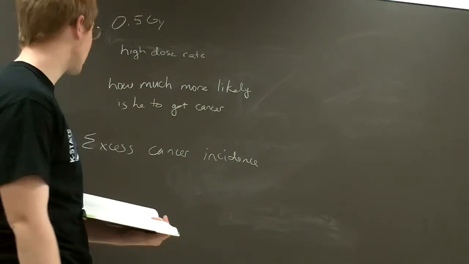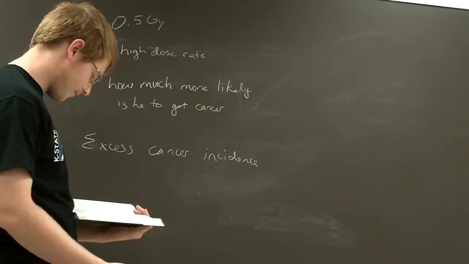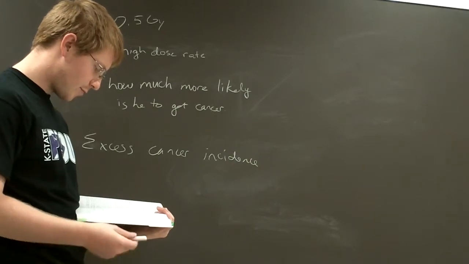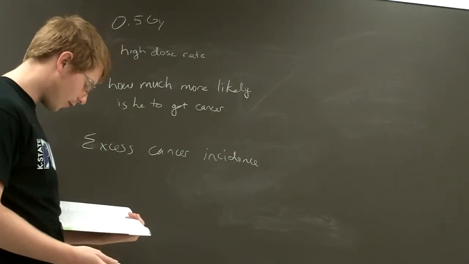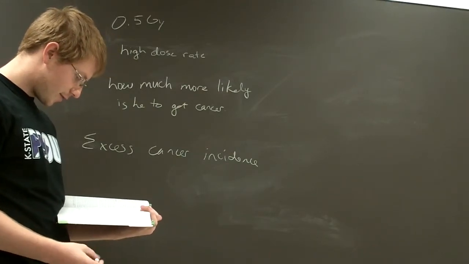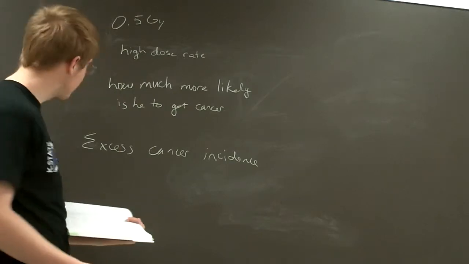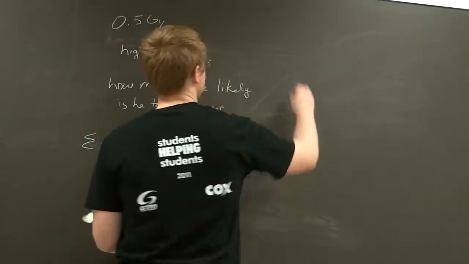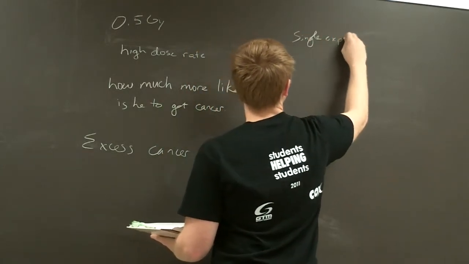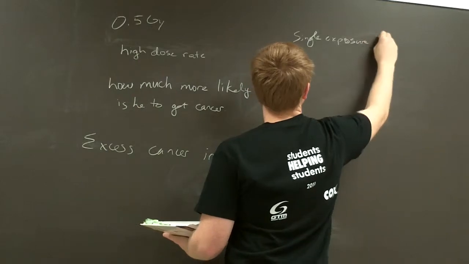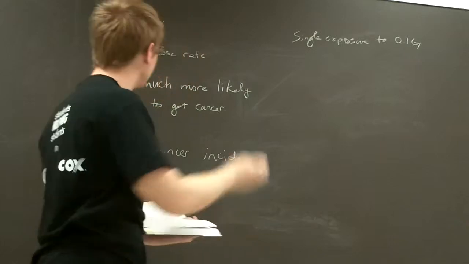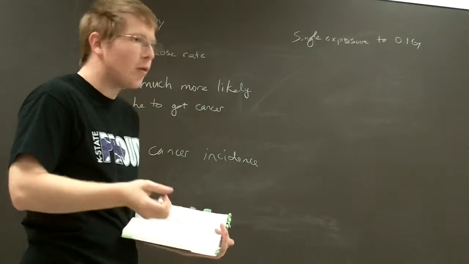So table 913 has excess cancer incidence and mortality per 100,000 males and 100,000 females for 3 different types of scenarios. One of the categories is a single exposure to 0.1 gray. This isn't going to be exactly based off of this, but it's going to give us some ballpark value.